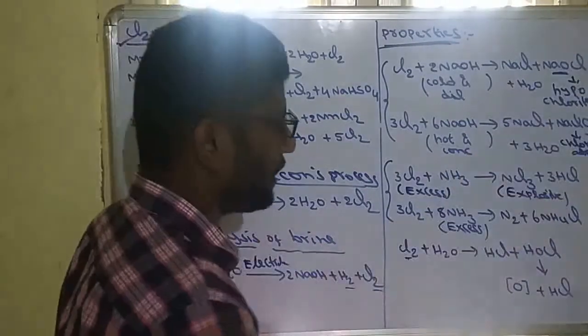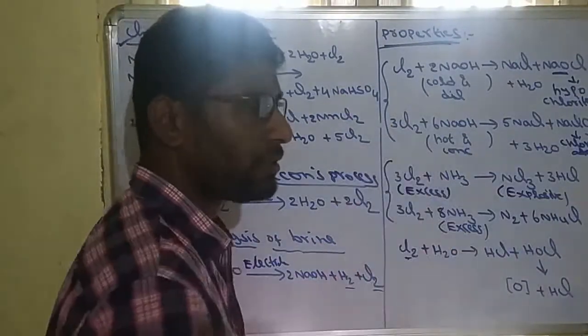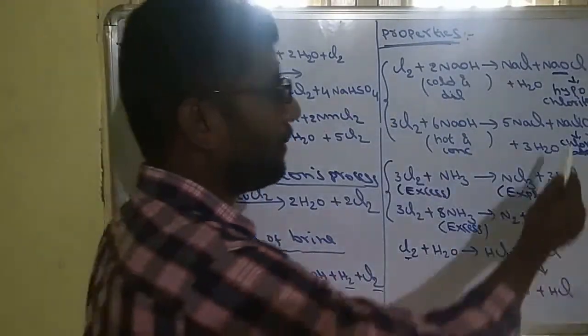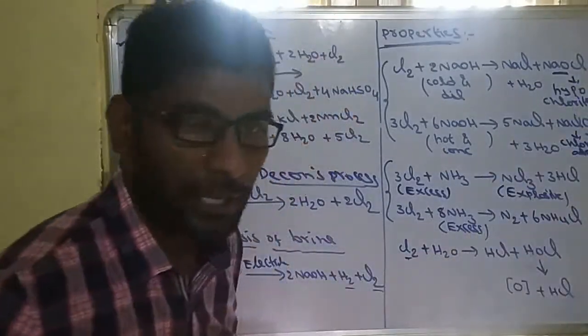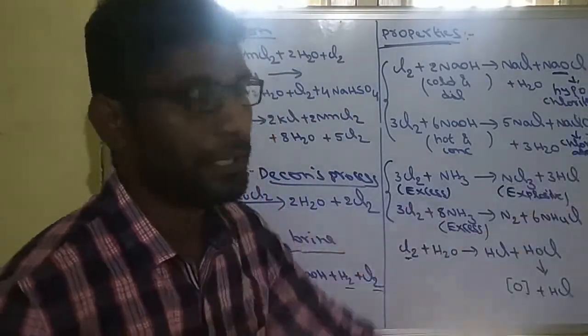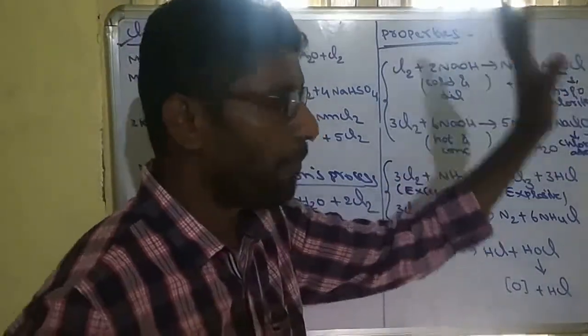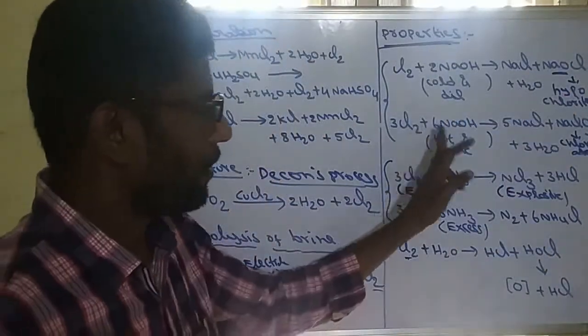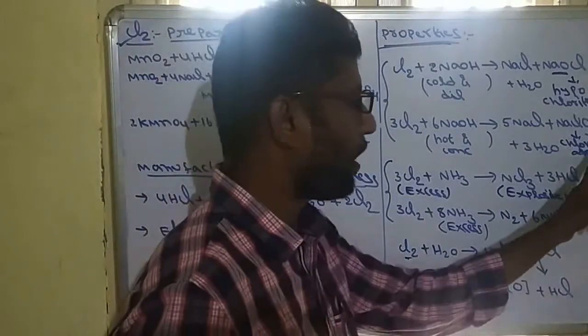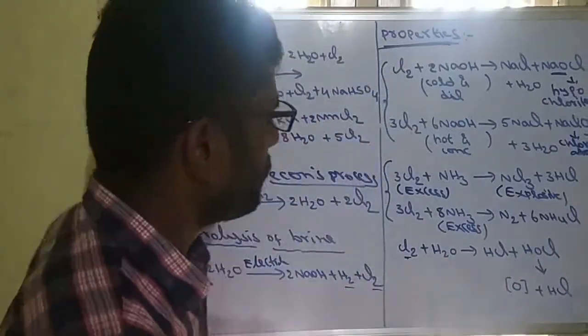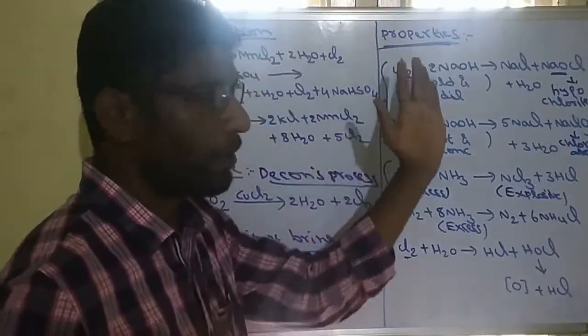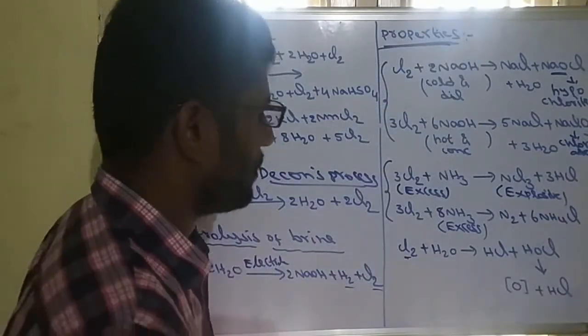If it combines with hot NaOH, it forms NaClO3, which is chlorate. So with cold and dilute NaOH it forms hypochlorite, and with hot and concentrated NaOH it forms chlorate. These are two important reactions.